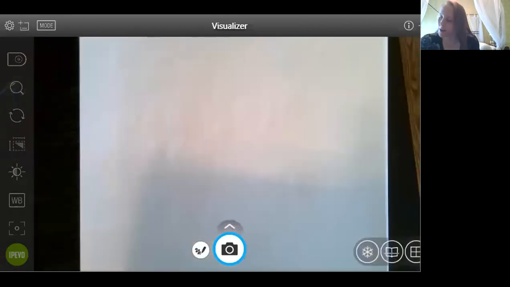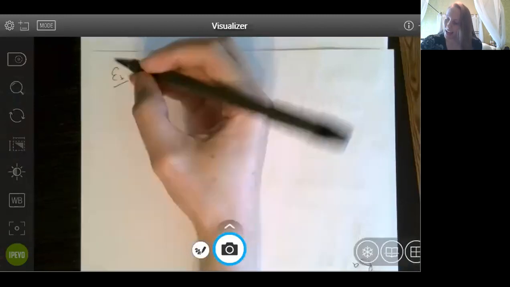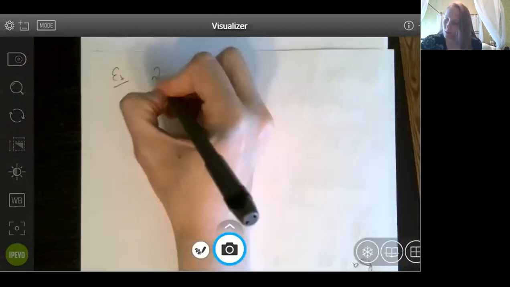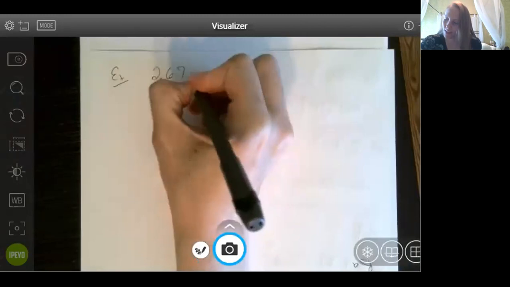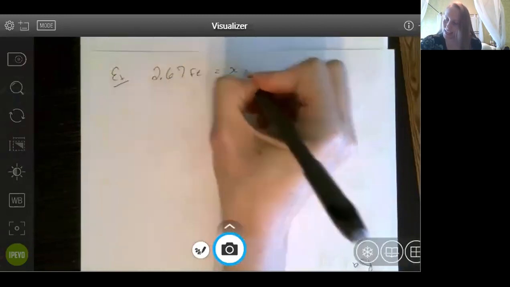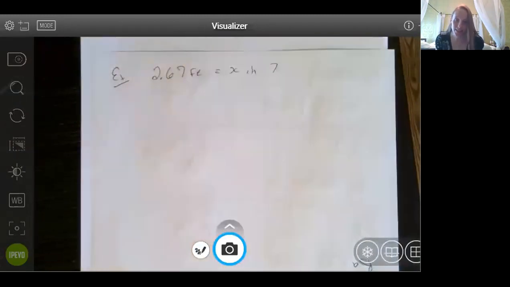So say, for example, I had 2.67 feet is how many inches. In this case, I'm still using the conversion between feet and inches, so 1 foot is 12 inches.